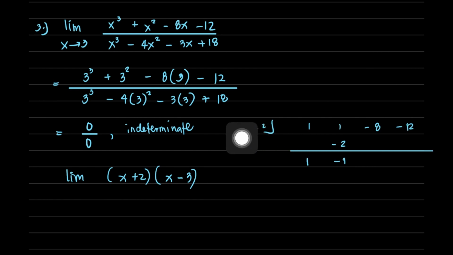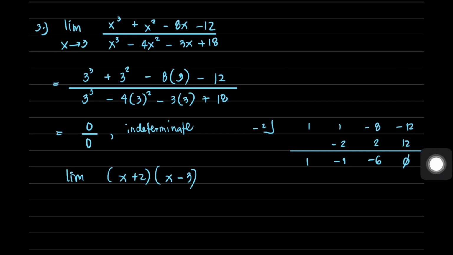Negative 1 times negative 2 is positive 2. Negative 8 plus 2 is negative 6. Negative 6 times negative 2 is positive 12, and then negative 12 plus 12 gives us 0.